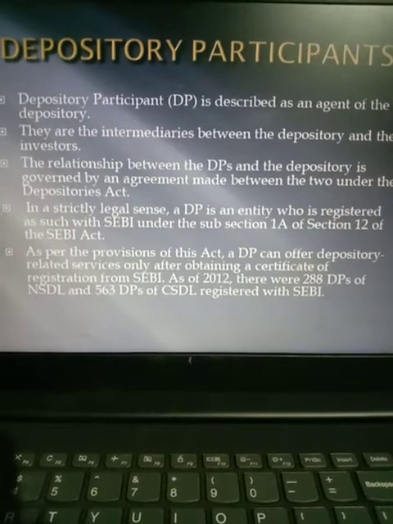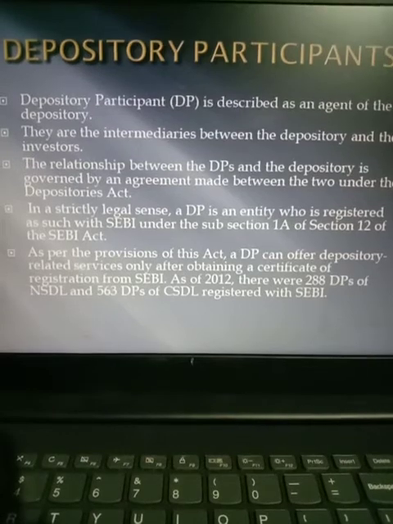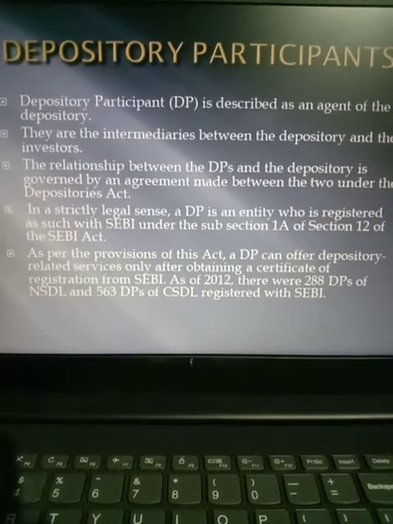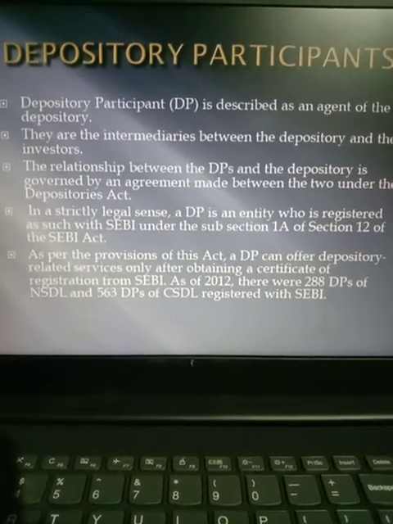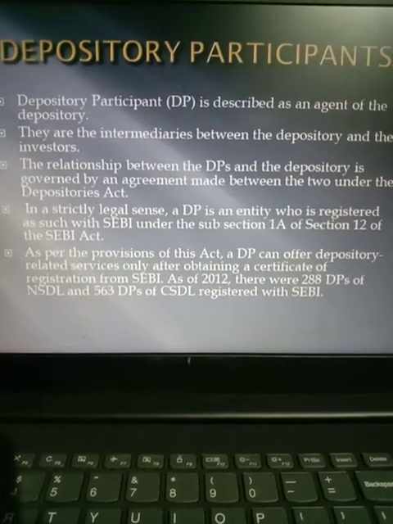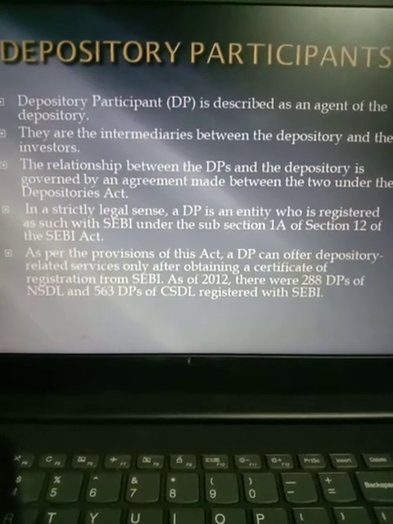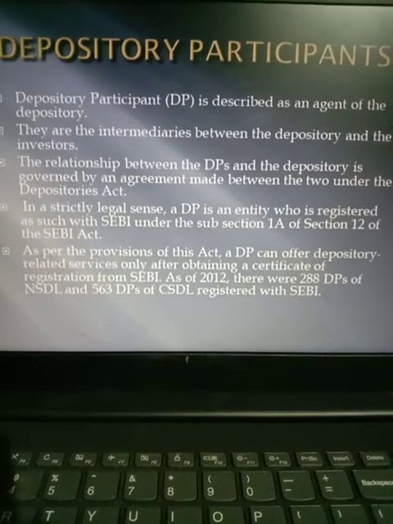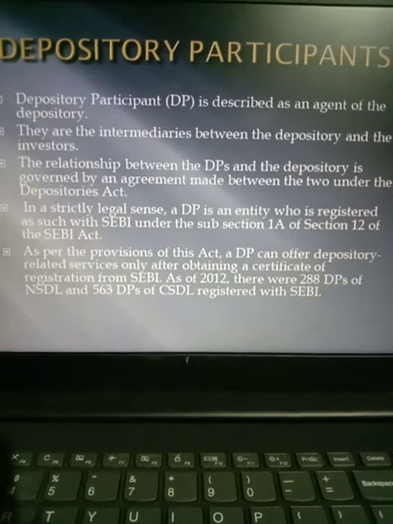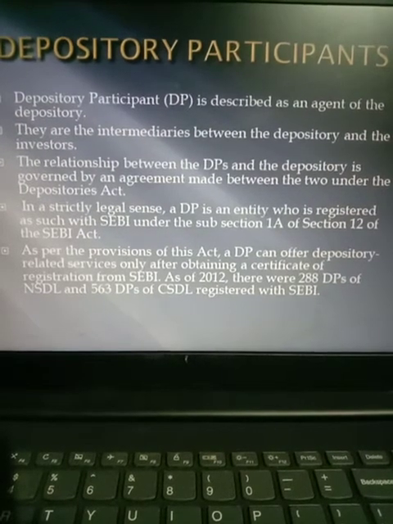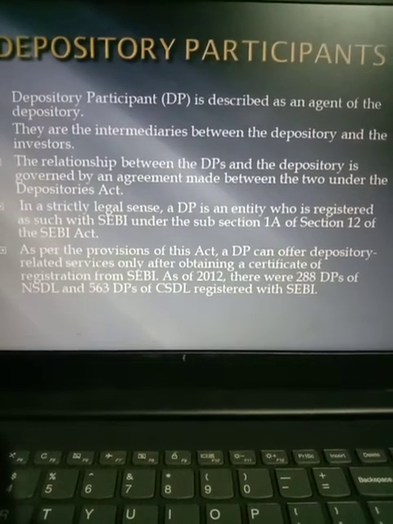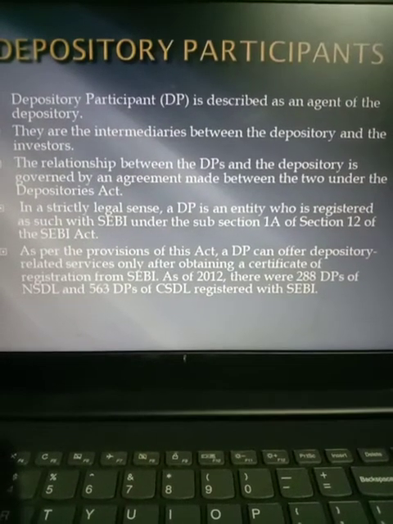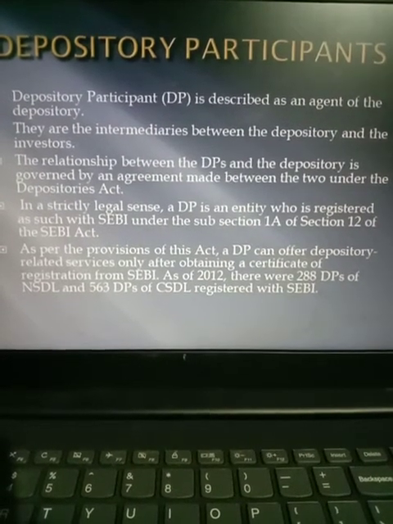The relationship between the depository participants and depository is governed by an agreement made between the two under the Depositories Act. So this relationship is governed by prescribed rules and an agreement made between the two, the participants as well as the depository, under the Depositories Act.